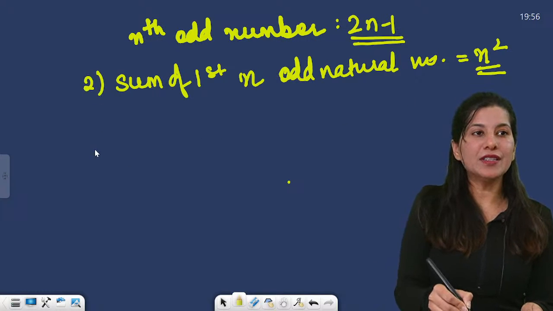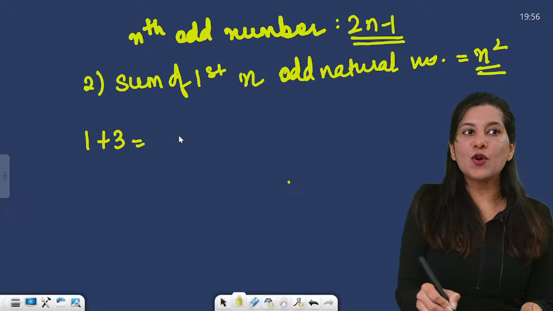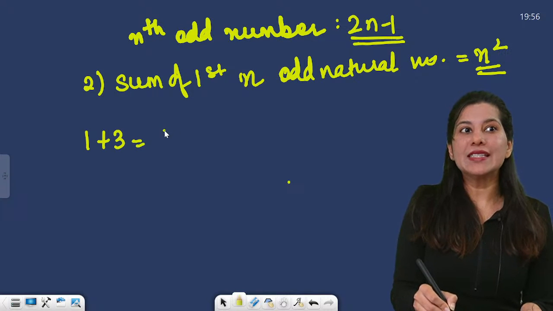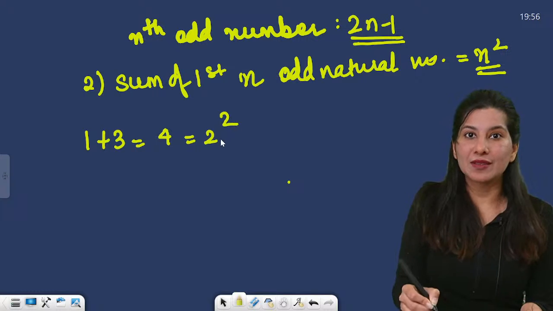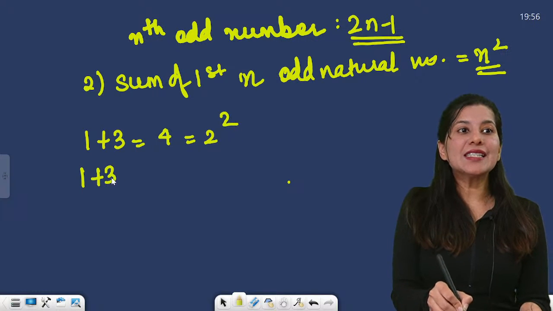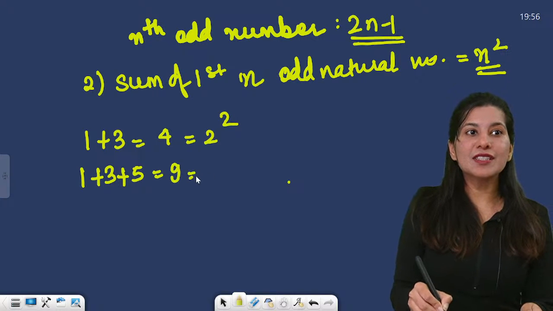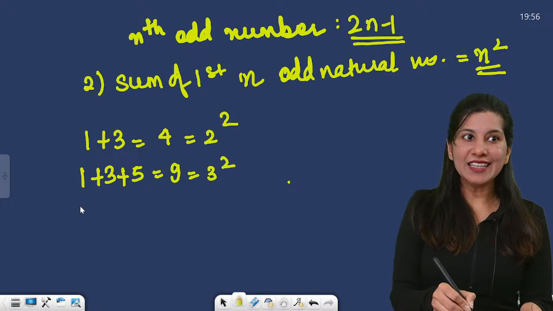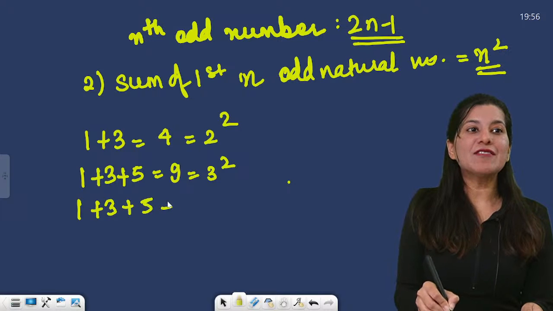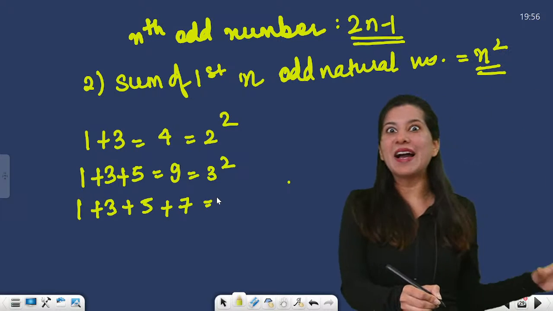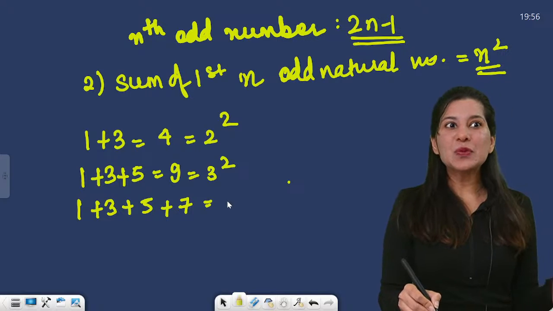1 plus 3 is 4, which is 2 square. 1 plus 3 plus 5 is what? 9, which is 3 square. Right? 1 plus 3 plus 5 plus 7, what would that be?